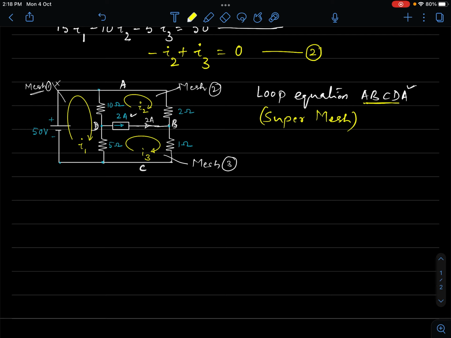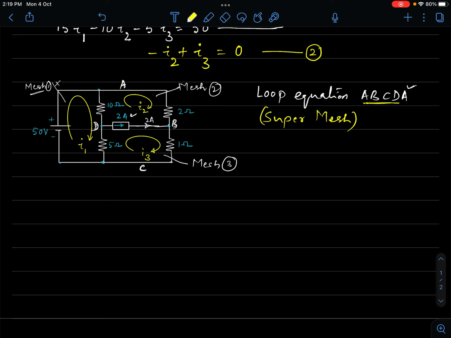Now we will use first principle. Again, I'll start from the top left corner. I'll take the path like this, then go this way, then come back to A. First I'll write by first principle, then we will write by inspection.